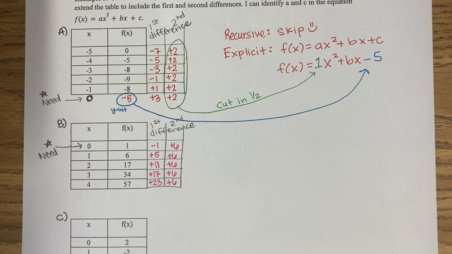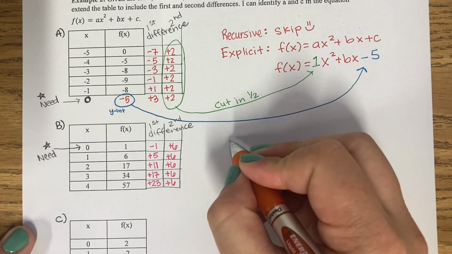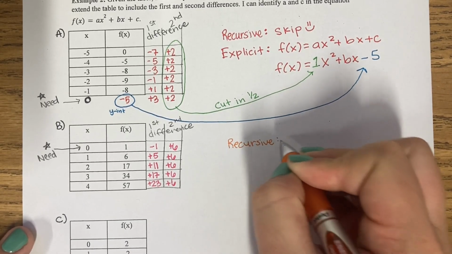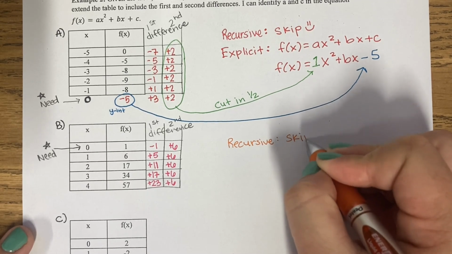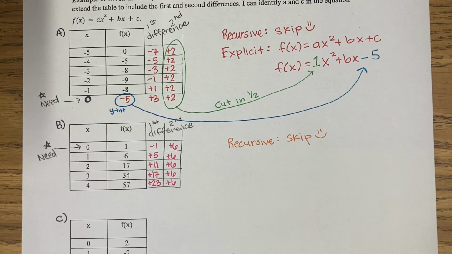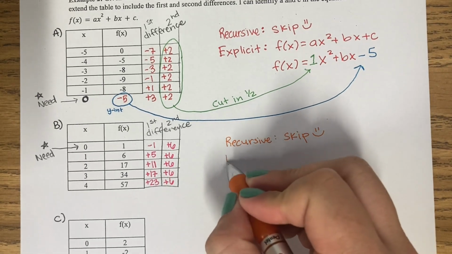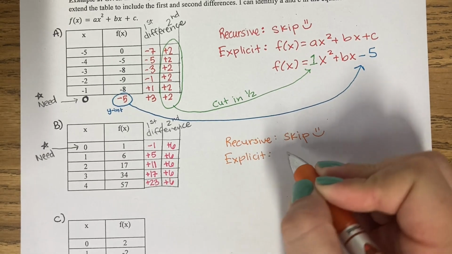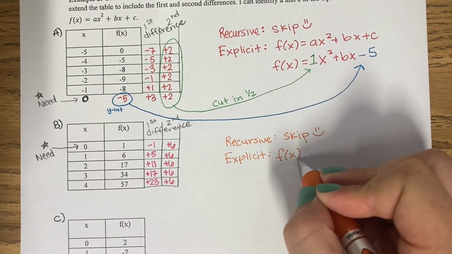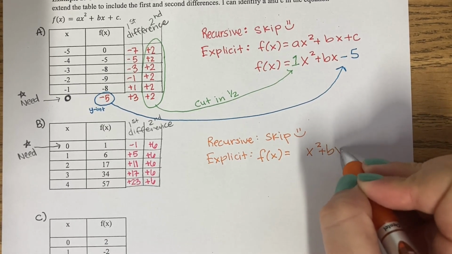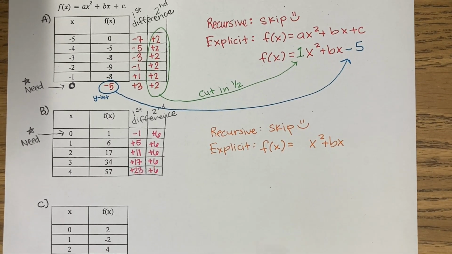Okay, from there, we would have recursive, skip. Do not worry about filling it in. Explicit, f of x equals a x squared plus bx plus c at the end.